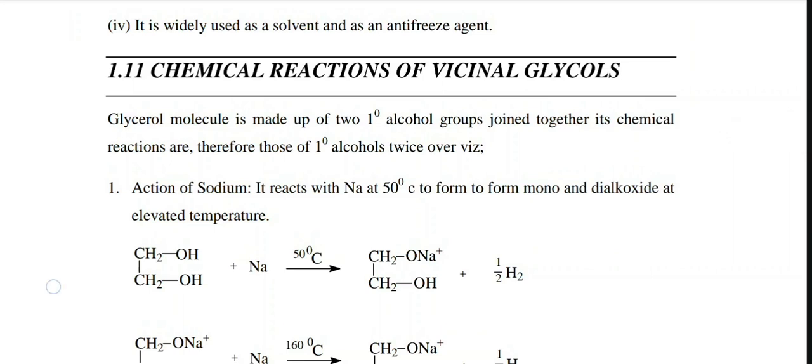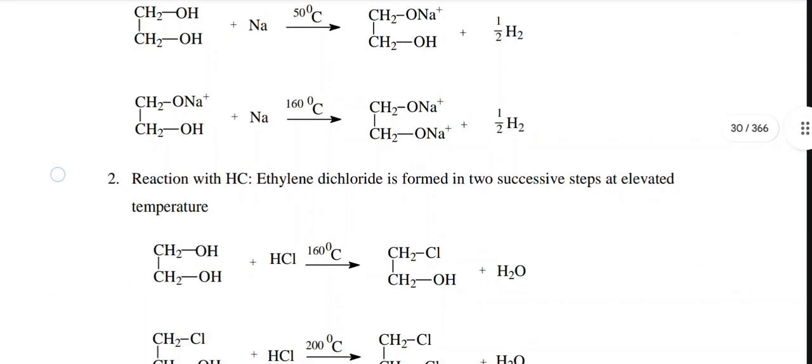Chemical reactions of glycols. The glycol molecule is made up of two primary alcohol groups joined together. Its chemical reactions are therefore those of primary alcohol twice over. Action of sodium: it reacts with sodium at 50 degrees Celsius to form mono and dialkoxide at elevated temperature.